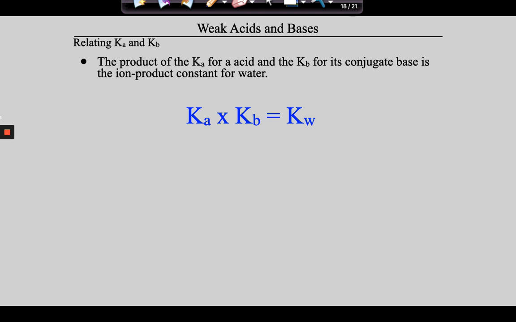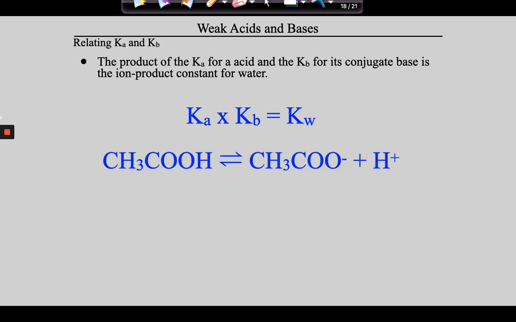And guys, let me explain to you what this means. For example, if we have the equation that we just looked at with acetic acid. Guys, we know that this is a weak acid, and we know that this is its conjugate base. But we know the Ka for this. We calculated it. It's 1.8 times 10 to the negative fifth. Because we know that, we can now figure out the Kb for this.